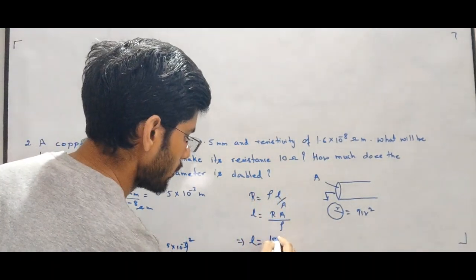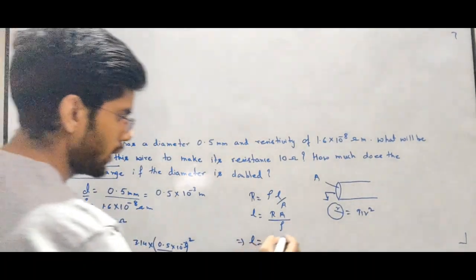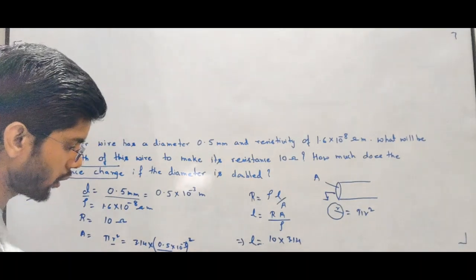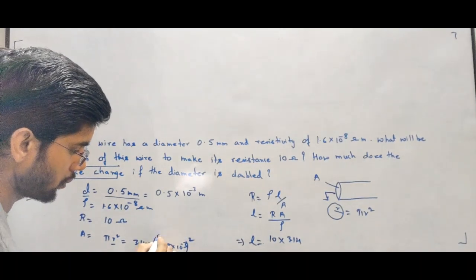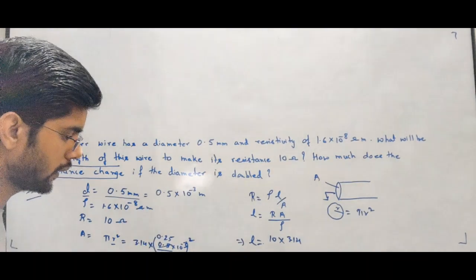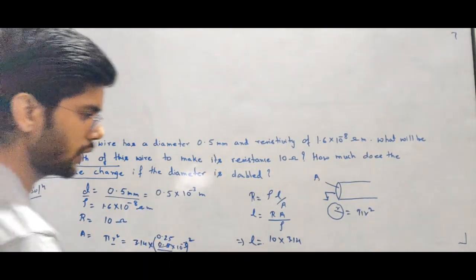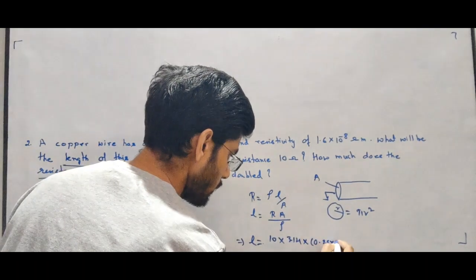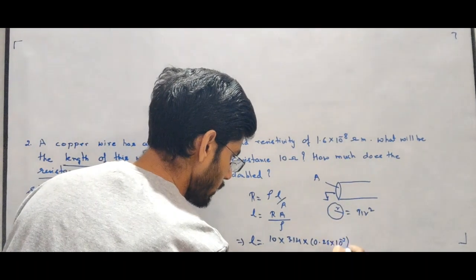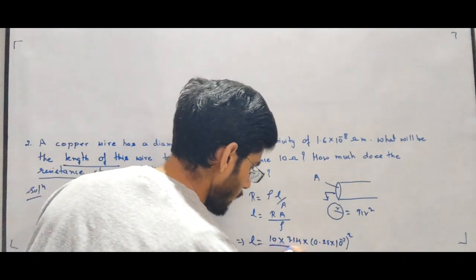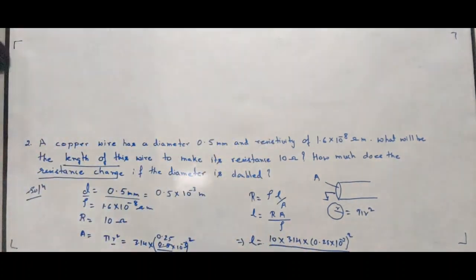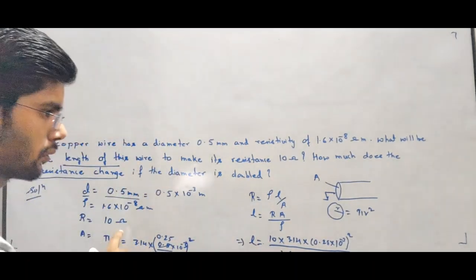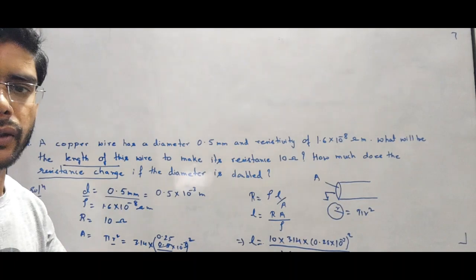Our area of cross section will be 3.14 into, you can cut it also, we write this as 0.25. So 0.25 whole square into 10 to the power minus 3 squared, and divided by the value of rho, that is 1.6 into, okay, sorry, I think it's not visible, no?